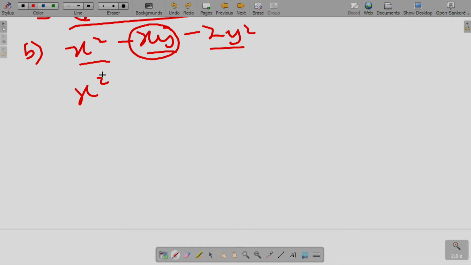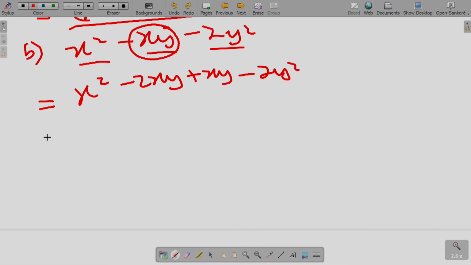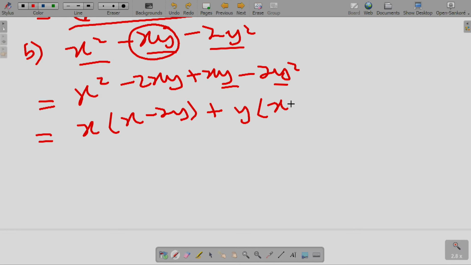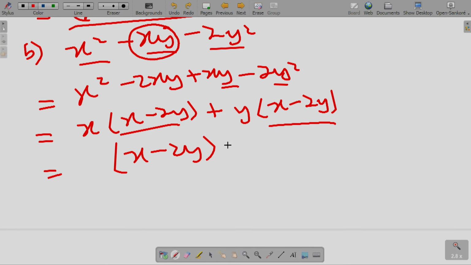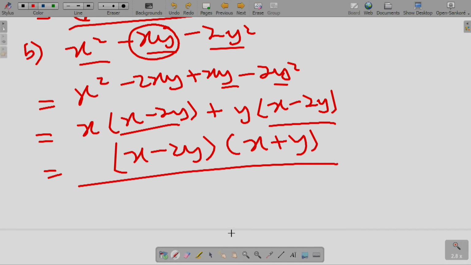So here I can write x squared minus xy is equal to x squared minus 2xy plus xy minus 2y squared. So here let's take x common, remain x minus 2y, plus, and here y common, remain x minus 2y. And now x minus 2y is a common. The remaining is x plus y. And these are the factors of this expression.